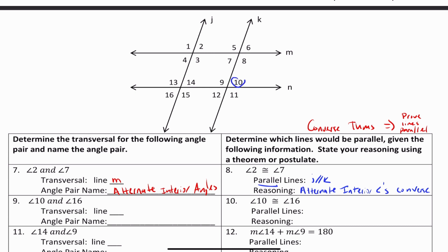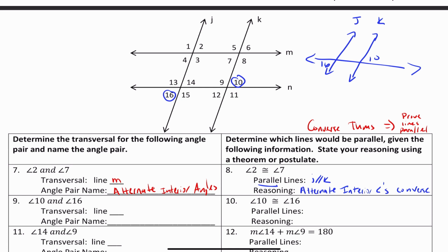So 10 is here, 16 is here, 10 is part of this line, 16 is part of that line, but 16 and 10 share this transversal. So 10, 16. Notice that 16 and 10 are alternate, and they're both outside of the parallel lines, okay?